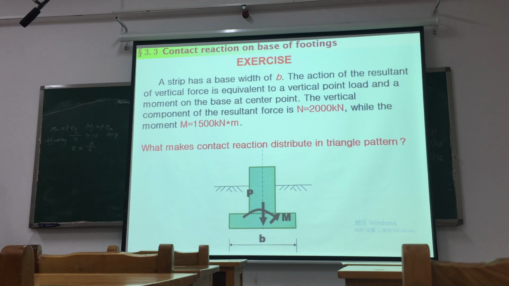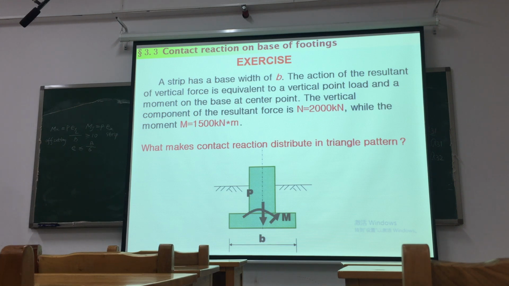But for soil, no tension. So in this region, the pressure may equal 0. So the distribution is also a triangle, but has a shorter base compared with the previous case.